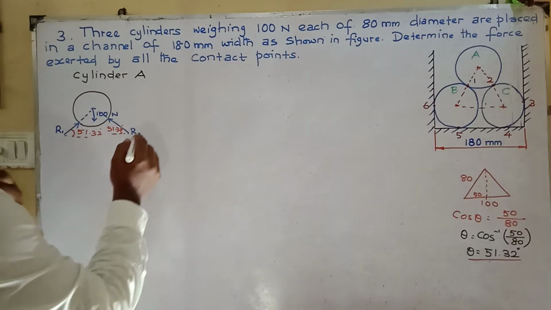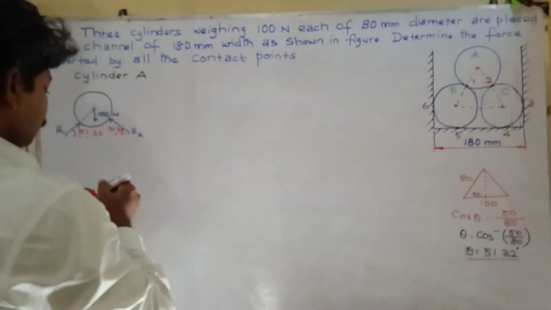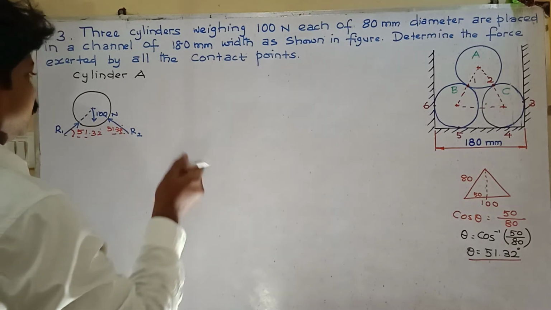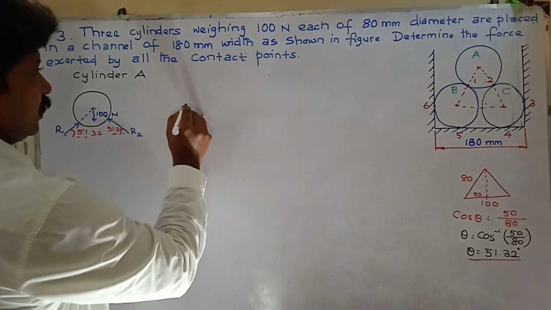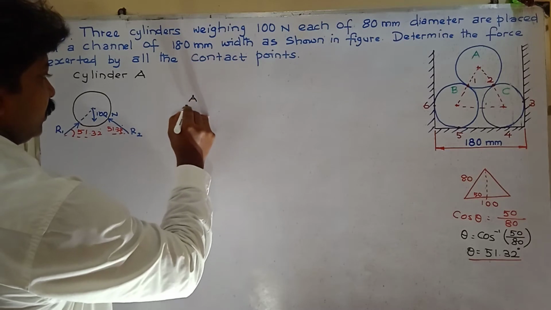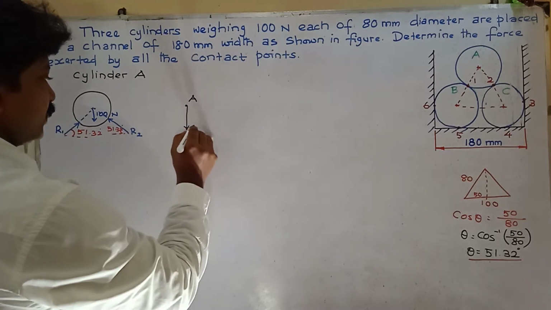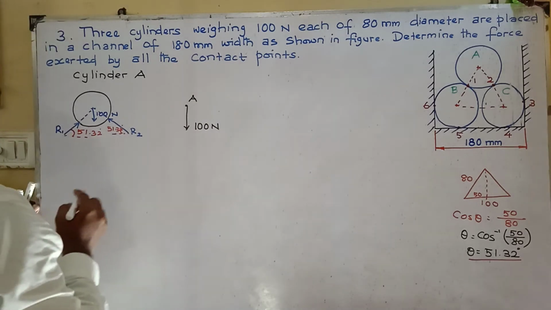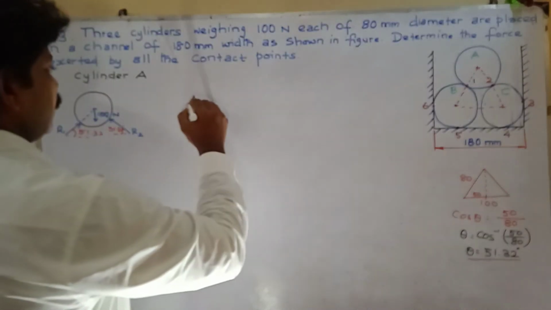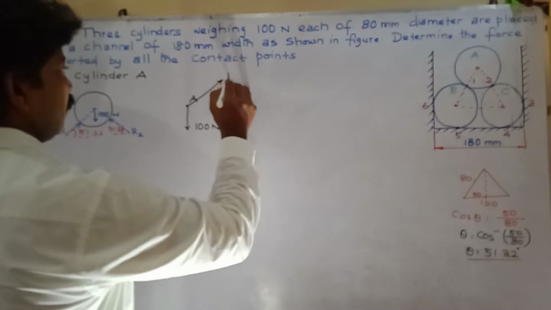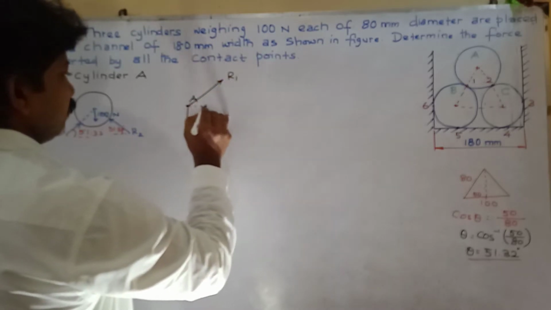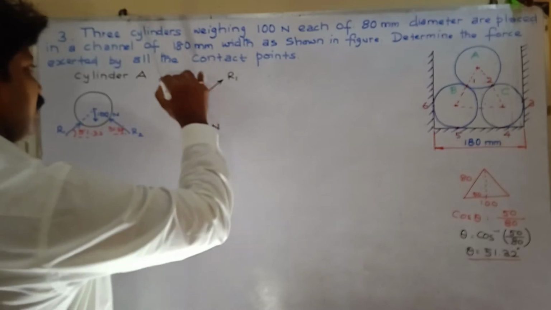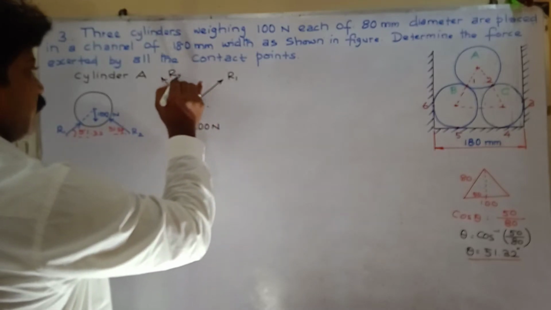Now draw the line diagram of cylinder A. The weight of the cylinder is 100 Newton, and the reaction R1 is at 51.32 degrees with the horizontal, R2 is also at 51.32 degrees with the horizontal.